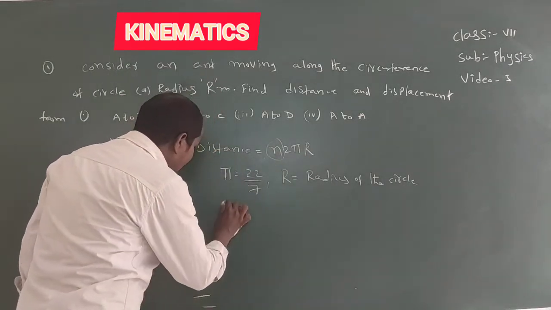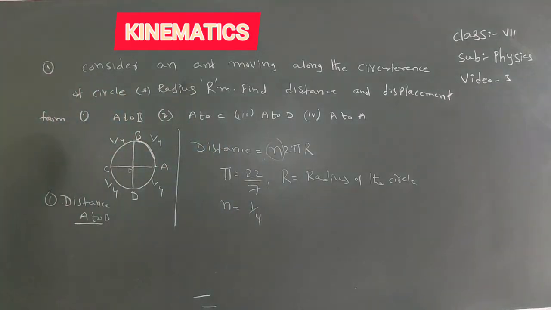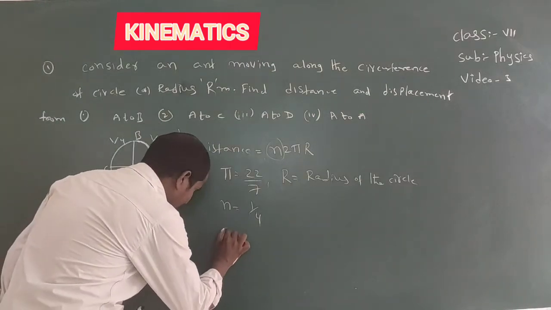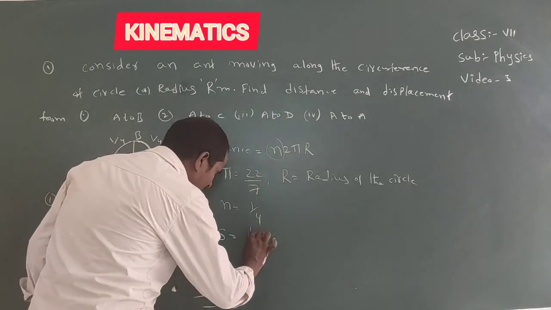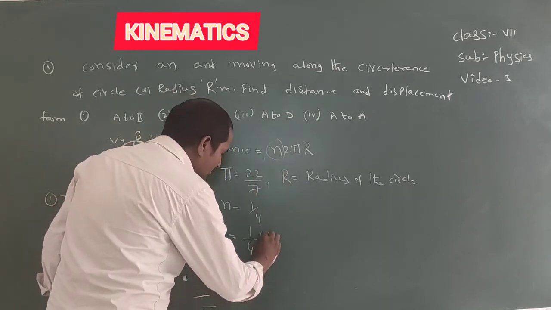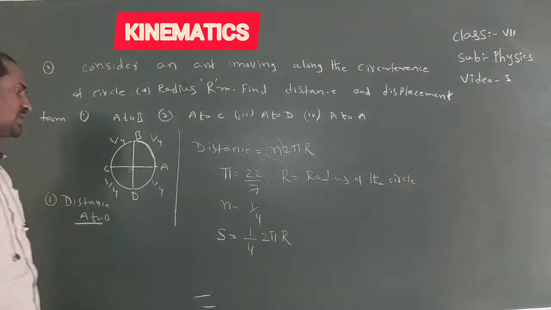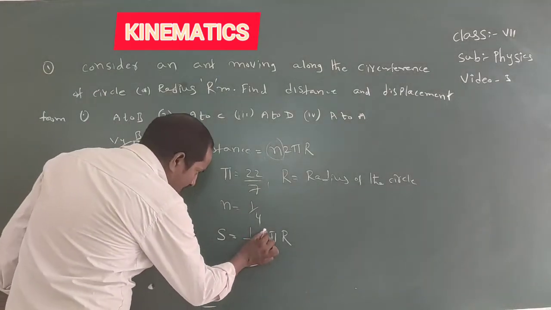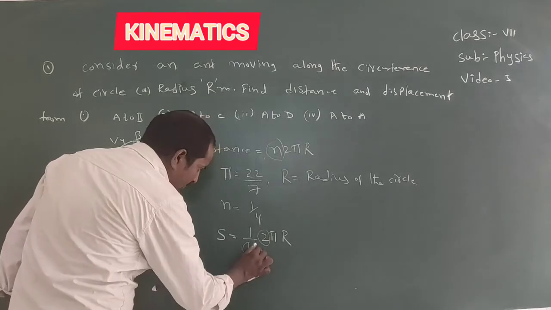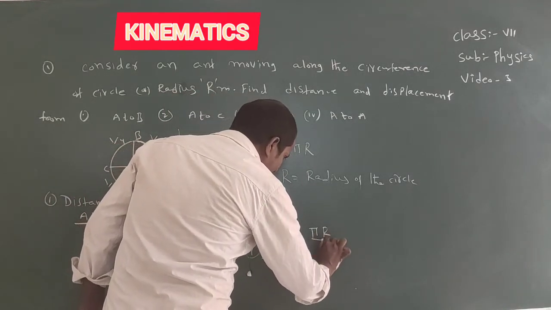Here n is 1/4 rounds, so s equals 1 by 4 into 2 into pi into r. 2 ones, 2 twos, that equals pi r by 2.